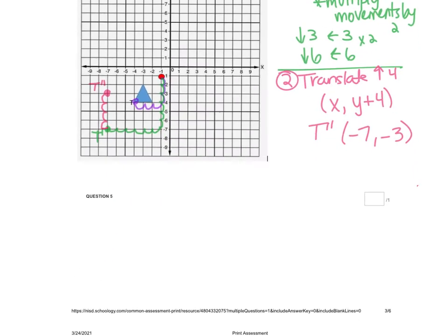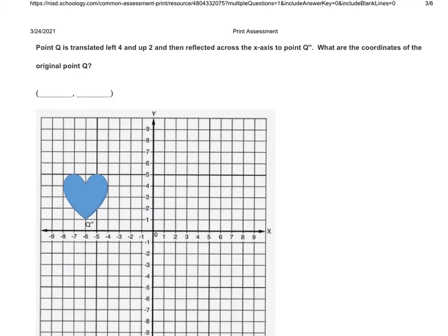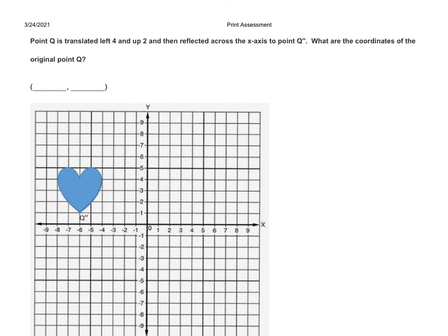Moving forward. Here we have a heart. Point Q is translated left 4 and up 2, and then reflected across the x-axis to point Q prime, double prime. What are the coordinates of the original point Q? Make sure if there's a question like this on the test, you are paying attention to what the question is asking.